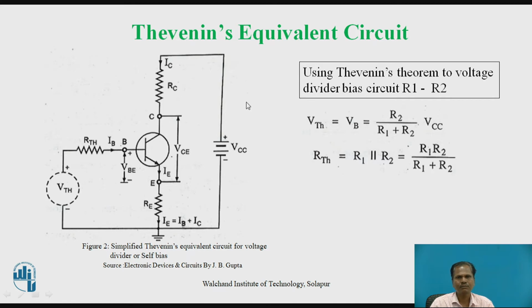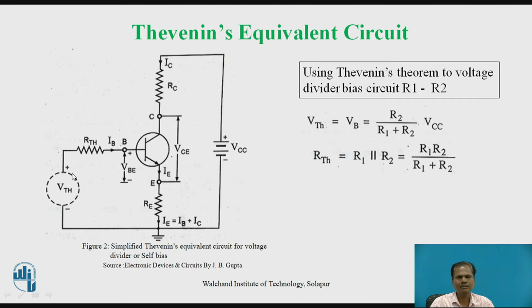So using Thevenin's theorem, RTH, the Thevenin's equivalent resistance, is equal to the parallel equivalent resistance of R1 and R2. R1 and R2 are coming in parallel. So the resistance of the voltage divider seen from the base of the transistor is equal to R1 R2 upon R1 plus R2.